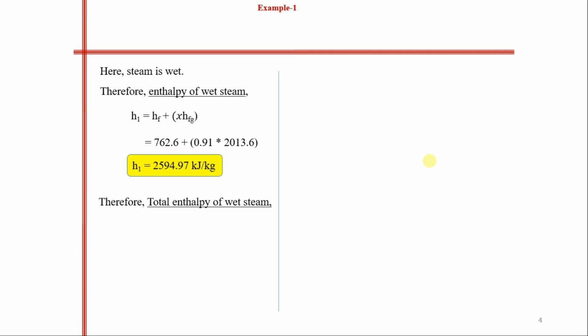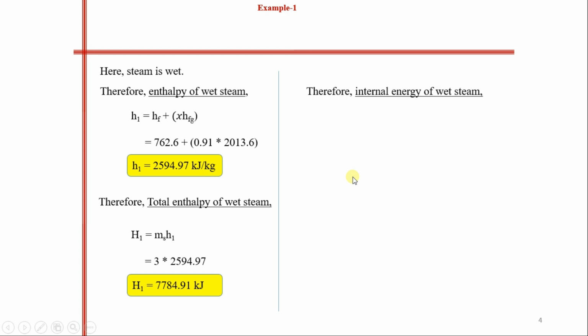For total enthalpy of steam, we need to multiply the mass of steam with this specific enthalpy. This small h is specific enthalpy because it is given per kg. If we want to find energy in kilojoule, we need to multiply it with mass. That will be denoted by capital H.